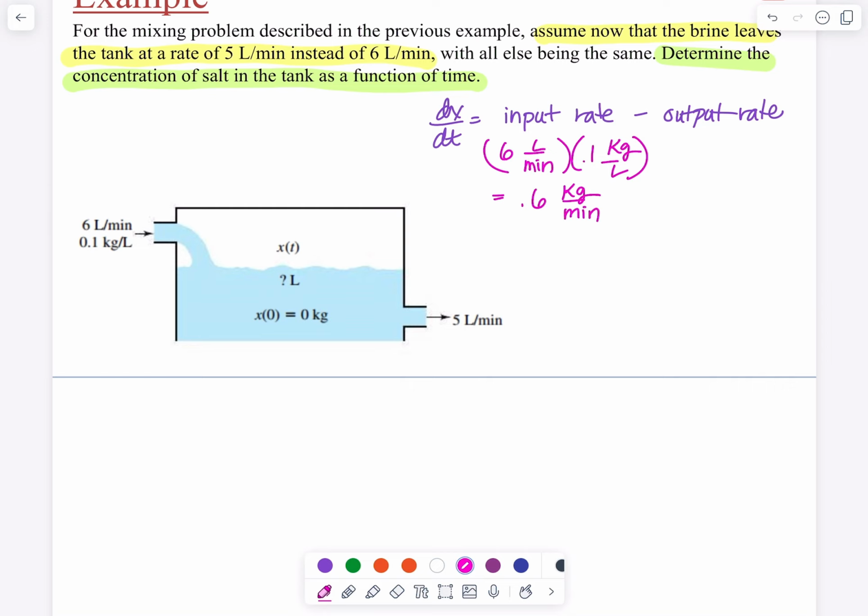Now, for our output rate, we know that the difference between the rate of flow into the tank and the rate of flow out of the tank is going to be 1 liter per minute. So let's make a note.